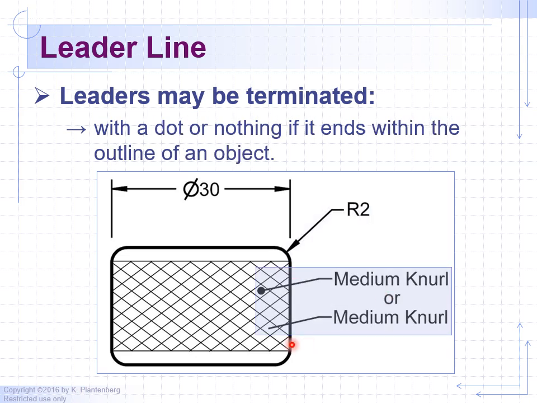And if the leader actually goes to a feature inside the part or inside the outline of the part, we'll see it often terminate with either a dot or just nothing, right? There's no reason necessarily to do it. Just this might make it a little bit clearer to show where it actually terminates. That's a choice that the draftsperson can make. And as I said, a lot of this is all set up in AutoCAD for you. It's a setting within AutoCAD that you can control what the end of your leader is going to look like.